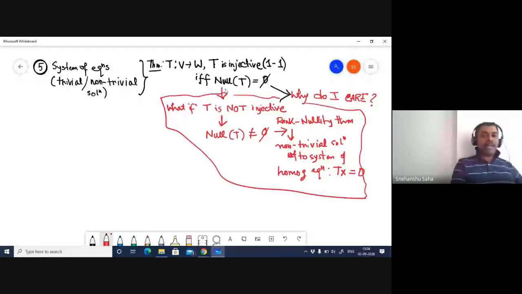Let's see whether we can make sense of such a statement in the context of some abstraction.